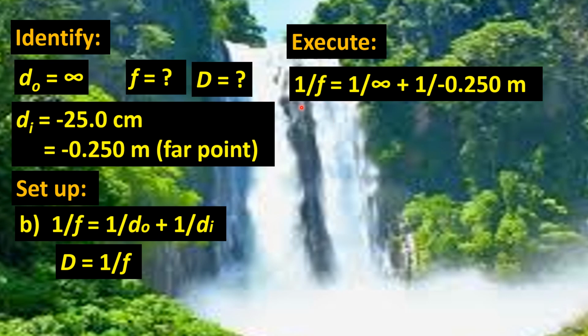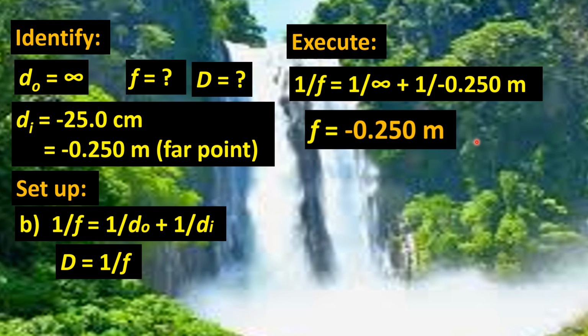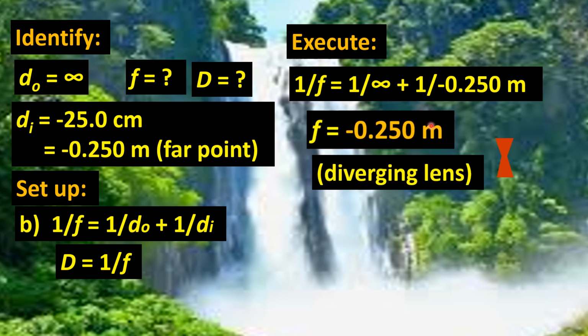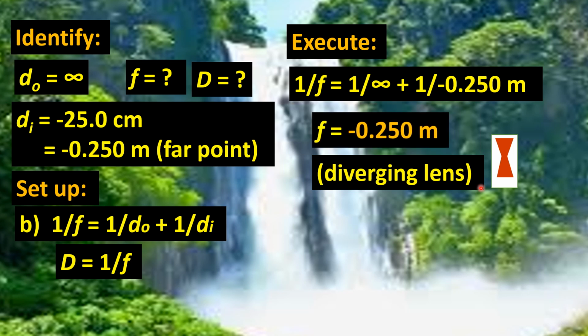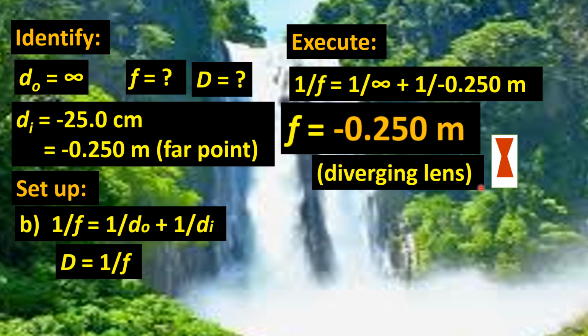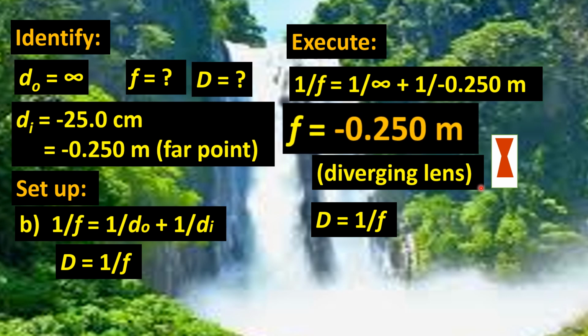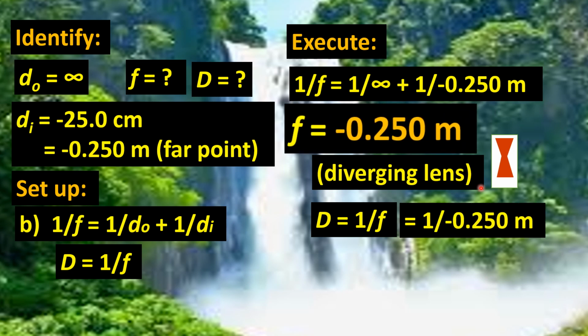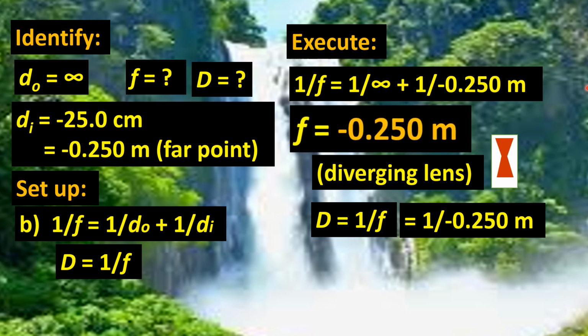We know that 1 over infinity is equal to 0, so the focal length f will simply be equal to negative 0.250 meters. And this implies that the lens is a diverging lens. And we know that the diverging lens is thinner at its geometric center than at its edges.